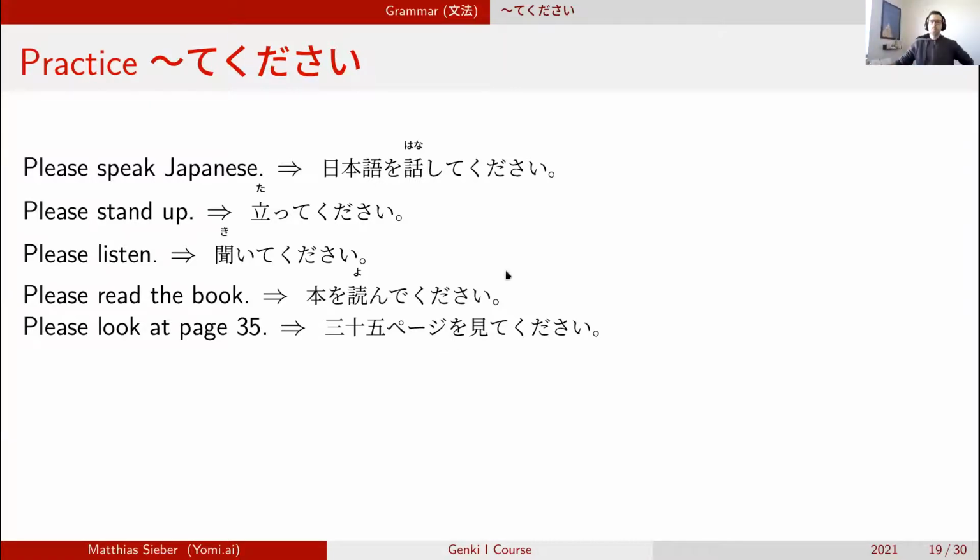In the example, we had tsugi no peiji, which just means the next page, but we can also just say 35ページ, page 35. Now that we know this form, I will make use of it more often. 35ページを見てください. Please look at page 35.